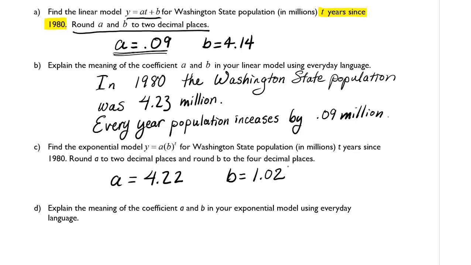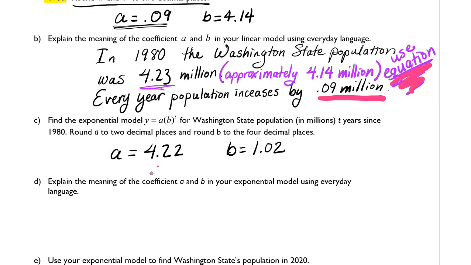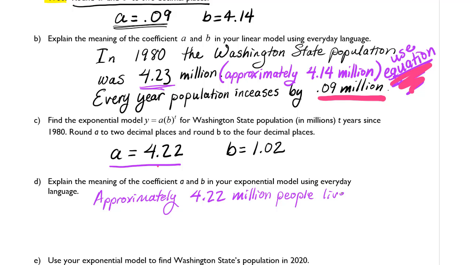Explain the meaning of the coefficient a and b in your exponential model using everyday language. It looks like in this model, our initial population is approximately 4.22 million people who lived in Washington in 1980.